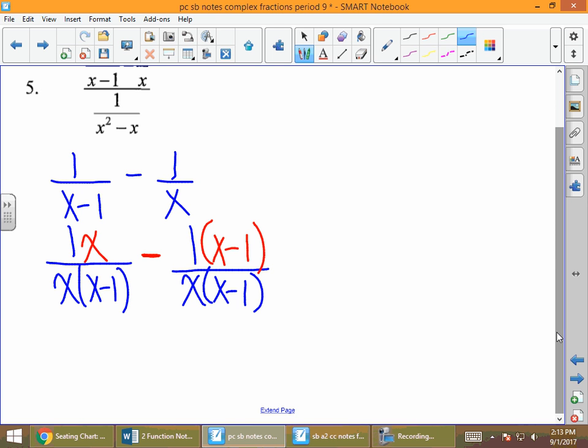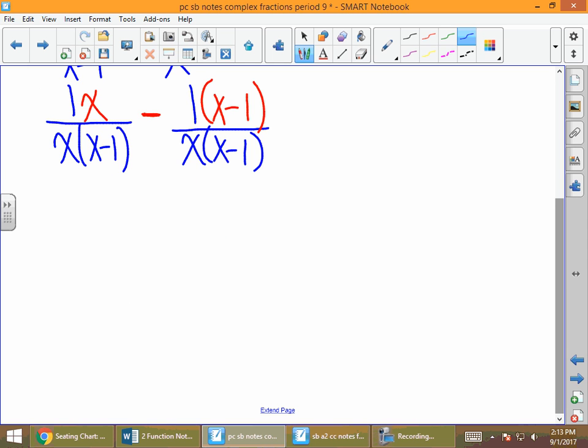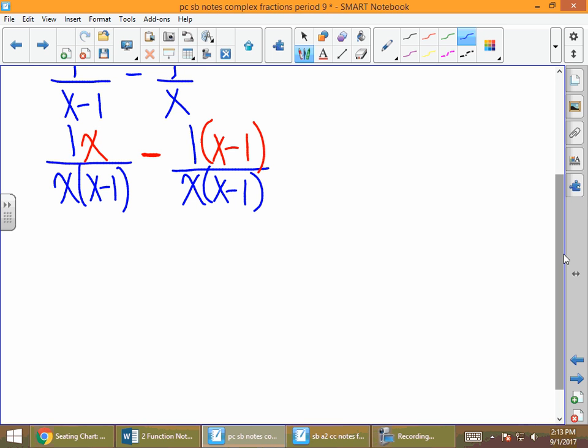We're multiplying by a fancy form of 1, so we're going to have something that's the same on the top and the bottom. Now, one of the reasons why I highlight the minus in red is I'm going to write an extra step here. 1 times x is x, and then put that back in red, minus 1 times x minus 1.